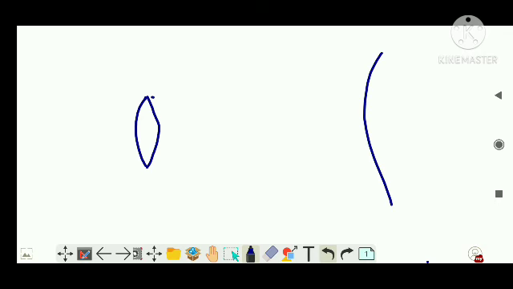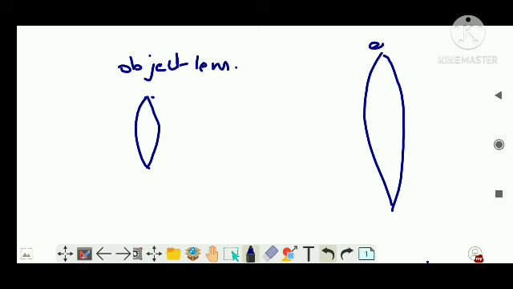Let's draw this one large, right? Now this lens is the first one, and this is the second one. The first lens is near to the object, hence it will be called the object lens. The second one is close to your eye, hence it is called the eye lens, or the eyepiece.